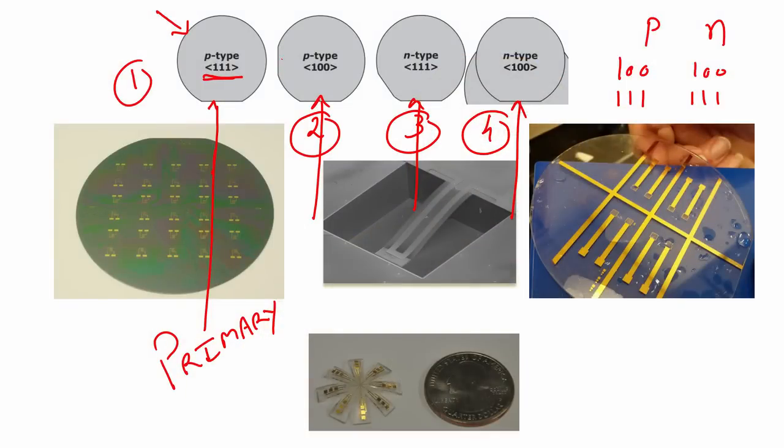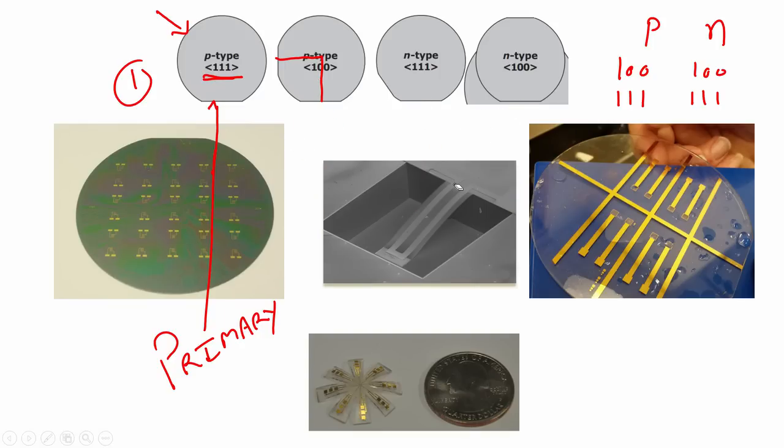So, if you have a secondary flat, as you see on the screen, you have a secondary flat at 90 degree to the primary flat. If I just delete this, you can easily see the secondary flat, which is this one. This is called the secondary flat.